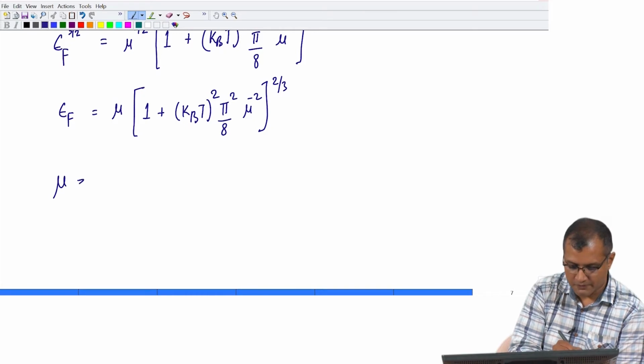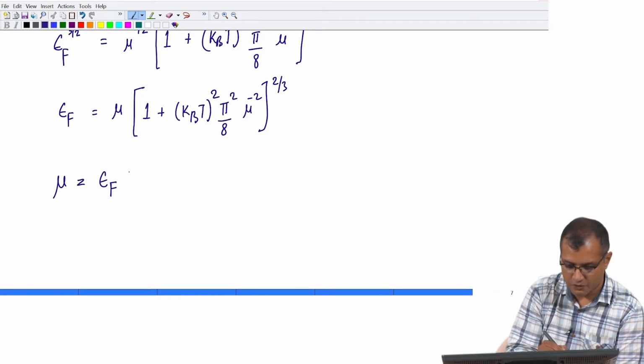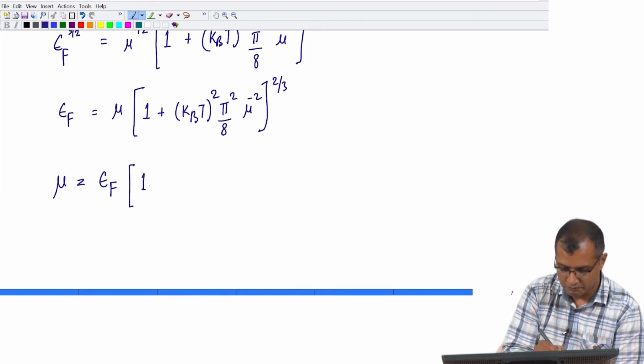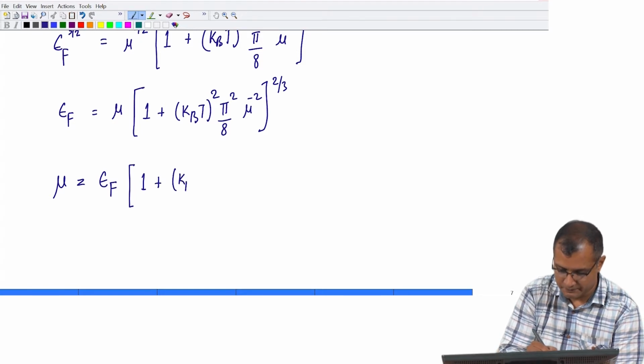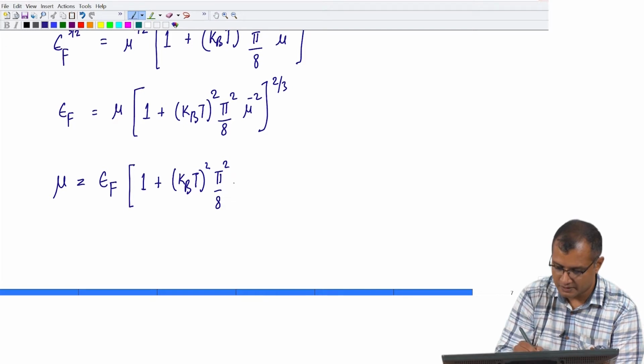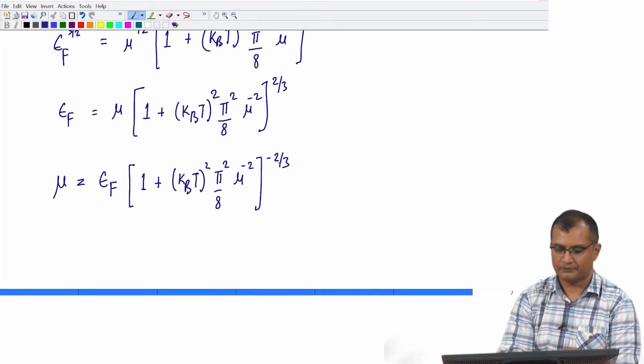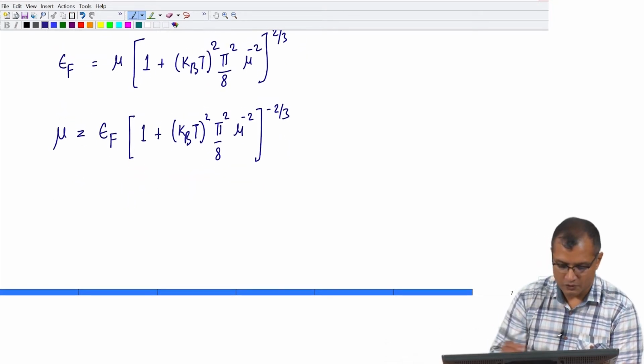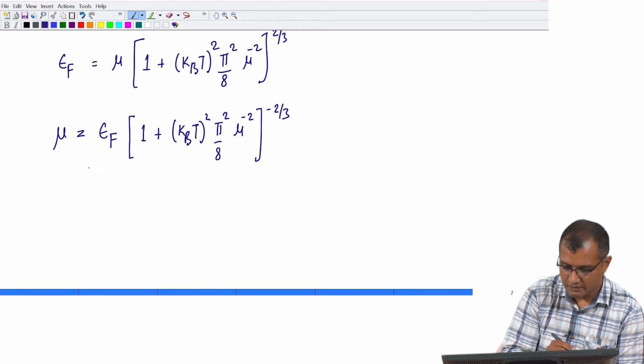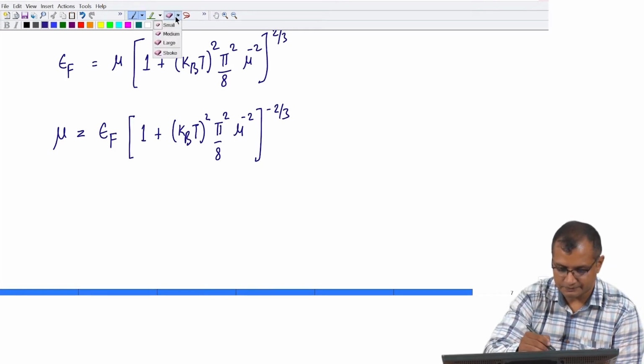So mu becomes E_F into 1 plus kBT the whole square into pi square by 8 into mu raised to minus 2, raised to minus 2 by 3.